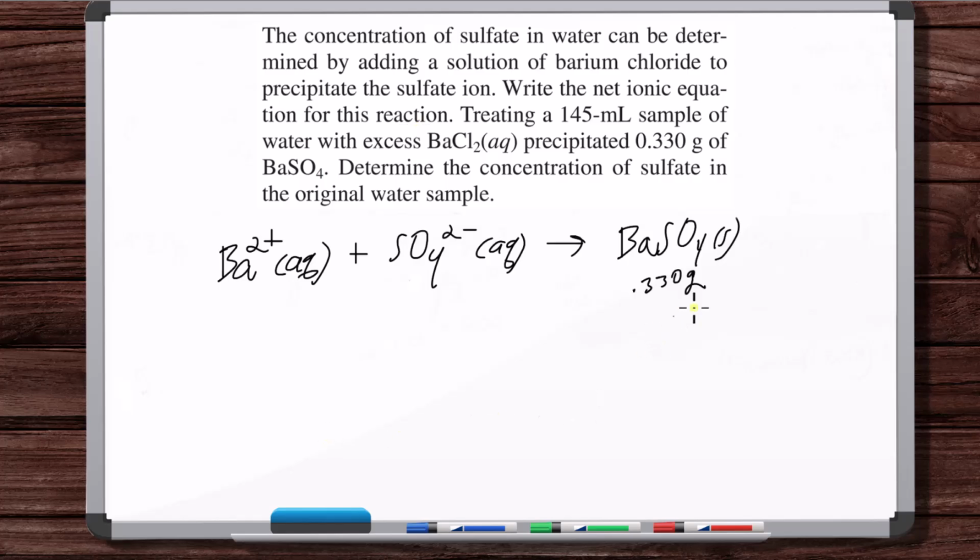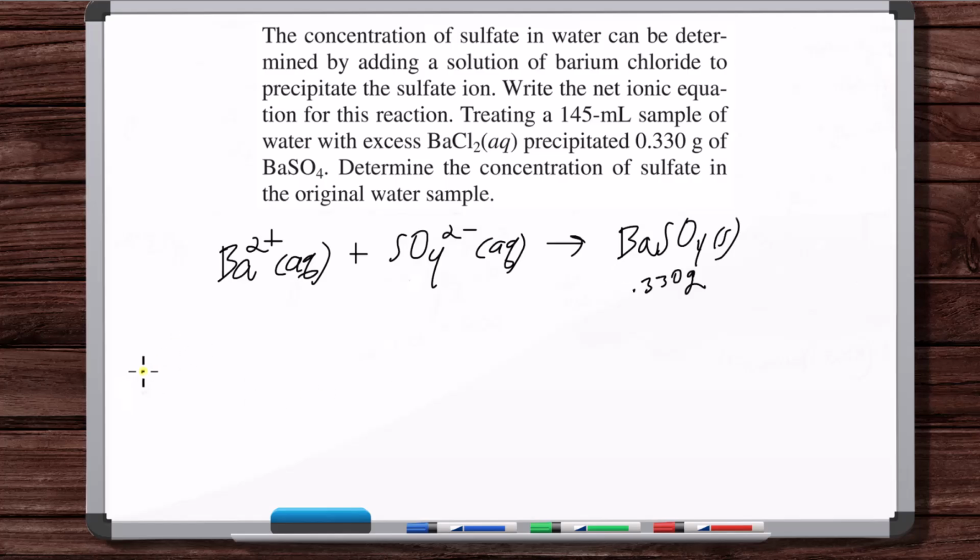To get the moles of sulfate ions consumed to form this many grams of barium sulfate, you want to make sure that the equation is balanced. That's important. You have to have a balanced chemical equation. We want to convert this to moles: how many moles is 0.33 grams of barium sulfate?